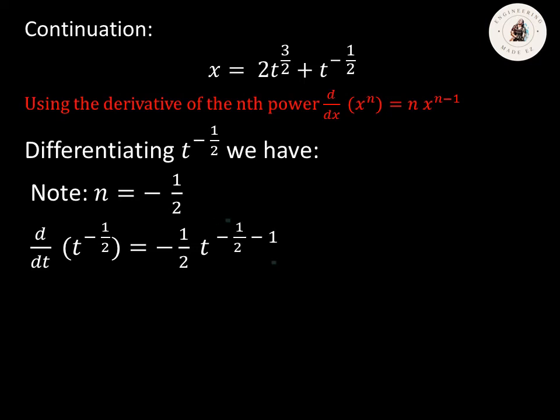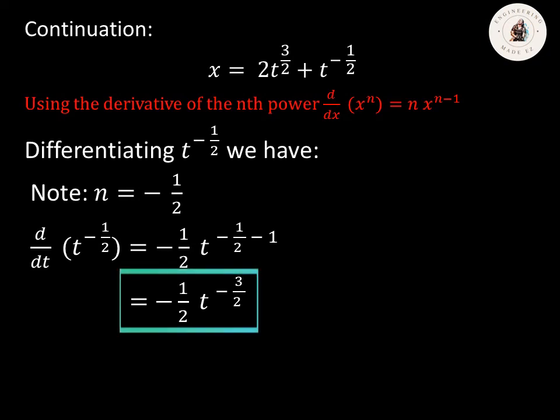Simplifying negative 1 half minus 1 gives us negative 3 over 2. So the derivative of t raised to negative 1 half with respect to t is equal to negative 1 half t raised to the power of negative 3 over 2.